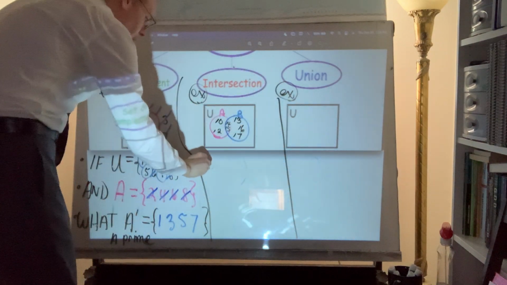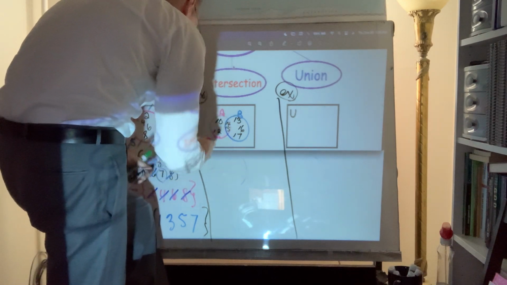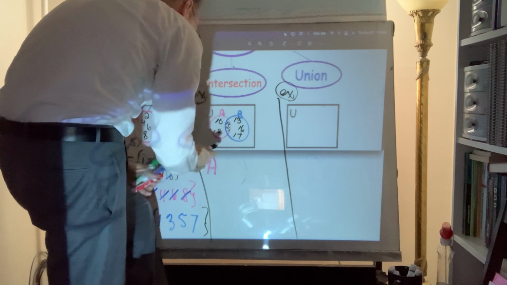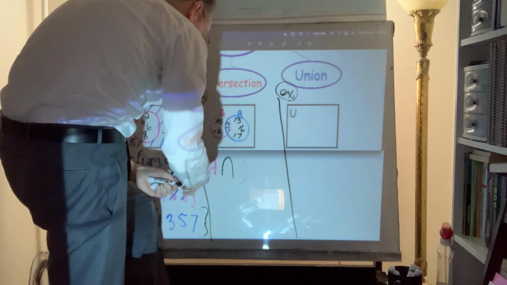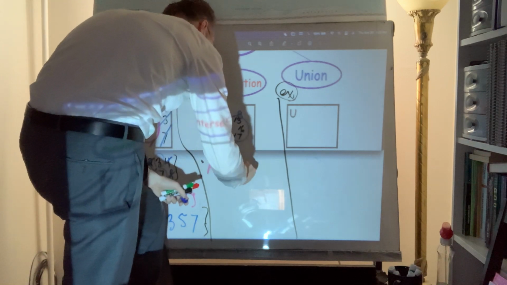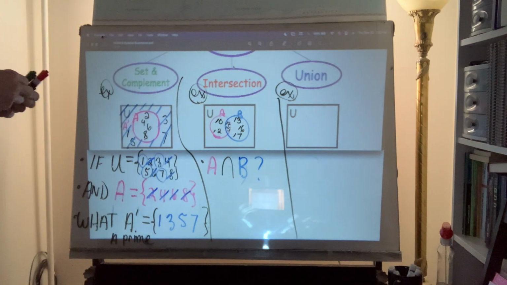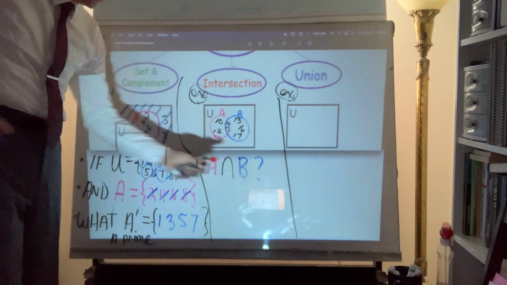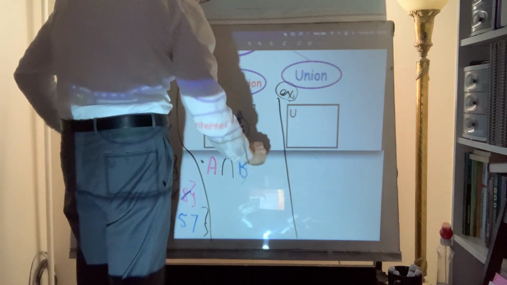And you wanted to know what is the intersection of A and B. Given a Venn diagram and this much of a question, you could easily figure it out.